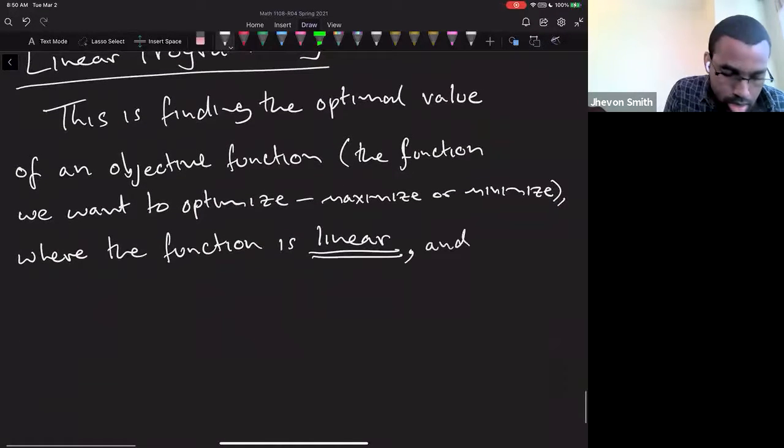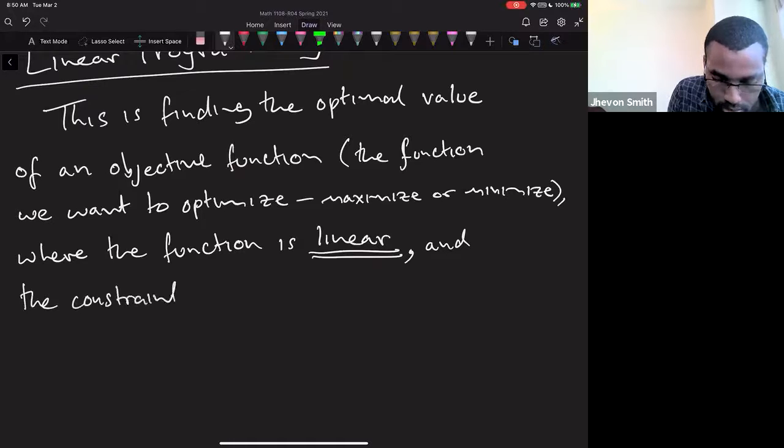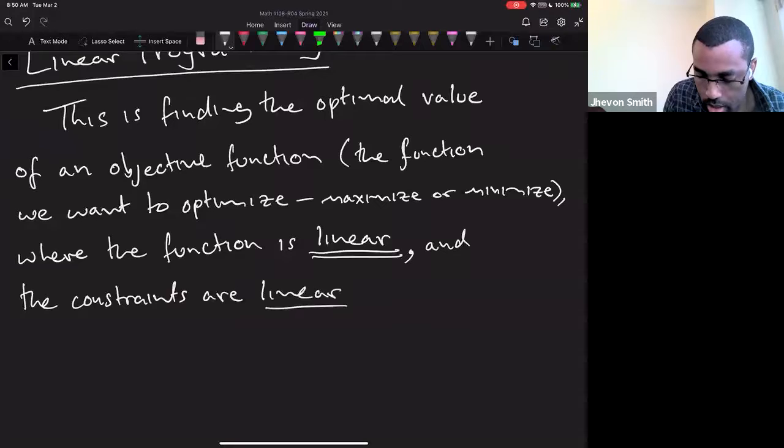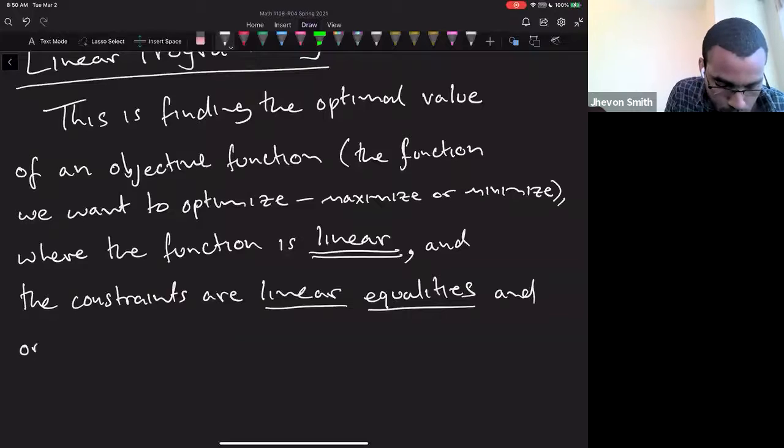and the constraints are linear also. Linear equalities and/or inequalities.